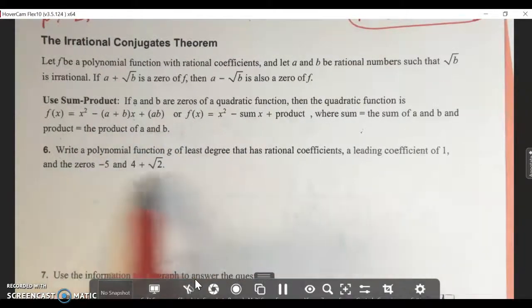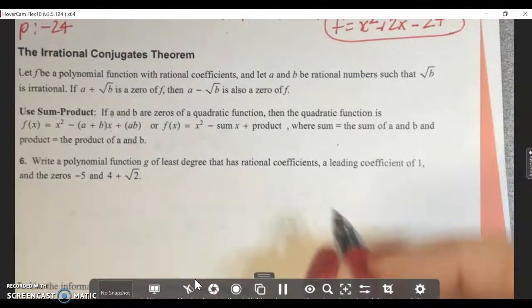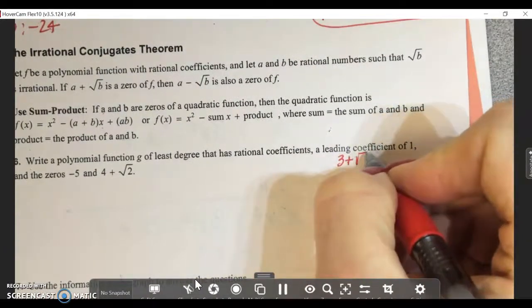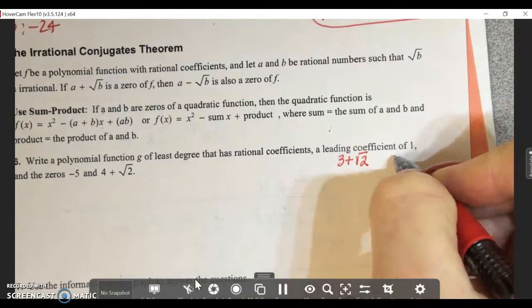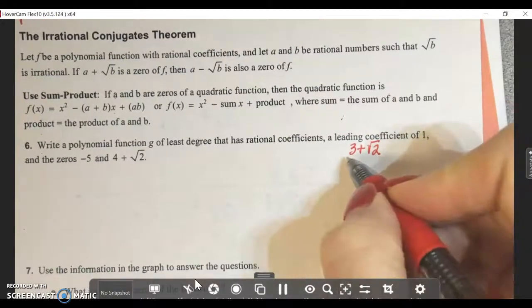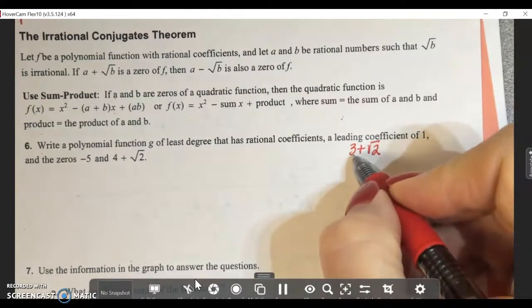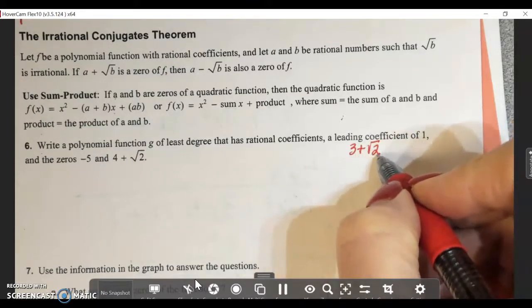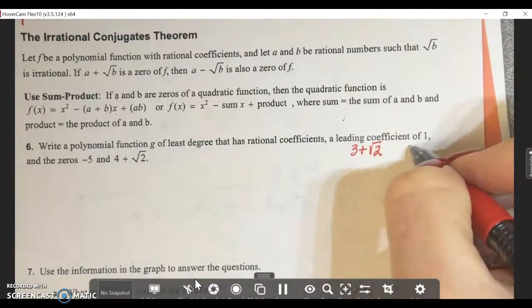Now, before we get into this difficult problem, I want to take one that's a little bit easier. So what if I tell you 3 plus radical 2 is a solution or a 0? The conjugate just means this stays the same, this stays the same, but we change that middle sign. So if 3 plus radical 2 is a solution, what must be the other one?